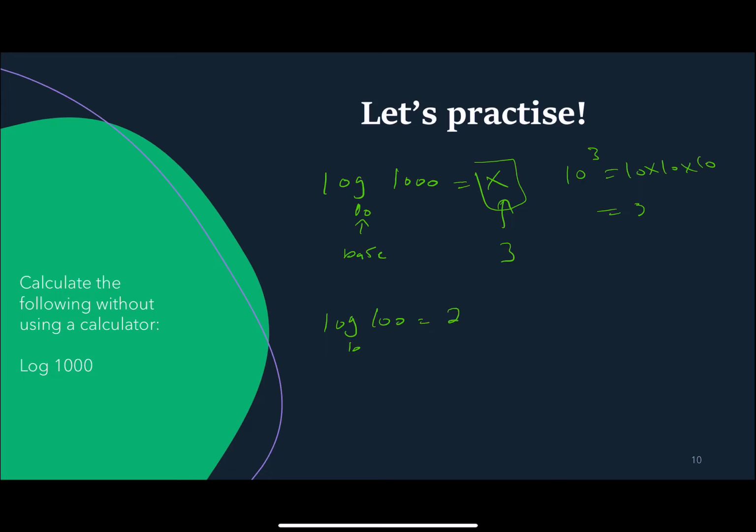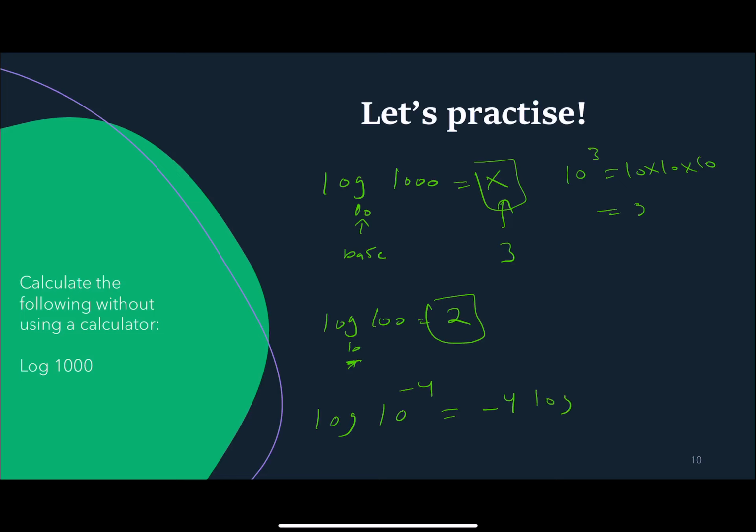I've mentioned before the concept of these logs. Log 10, and then you put, for example, 100. That means 2. This is the number of times you multiply the number 10, the base, by itself.